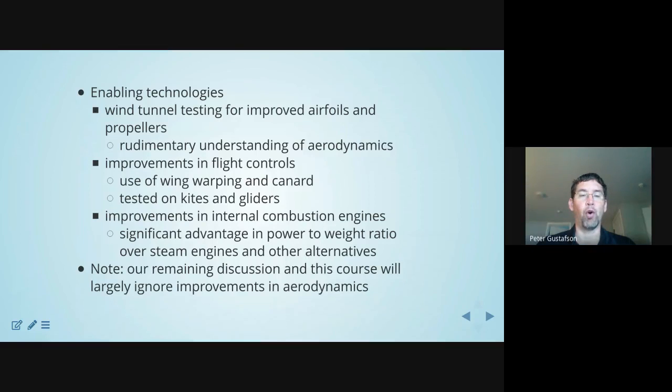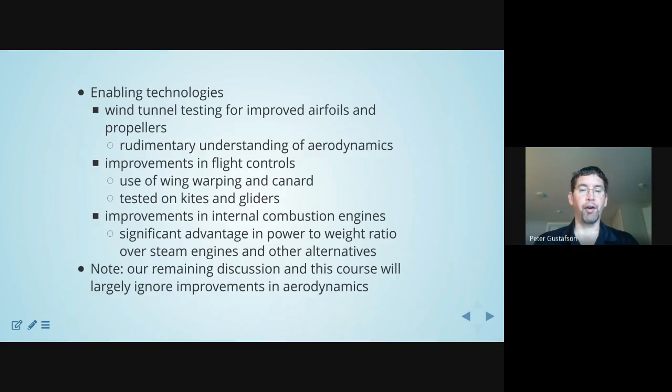Another very important enabling technology that allowed the Wright brothers to be successful where others before them had failed was their improvements in their flight control system. The Wright brothers developed wing warping techniques in order to control ultimately the roll of the aircraft.